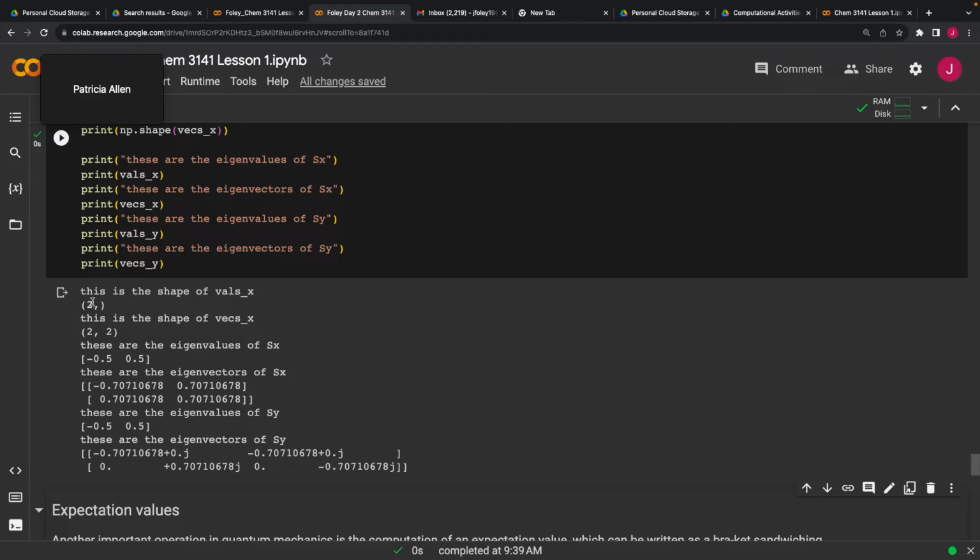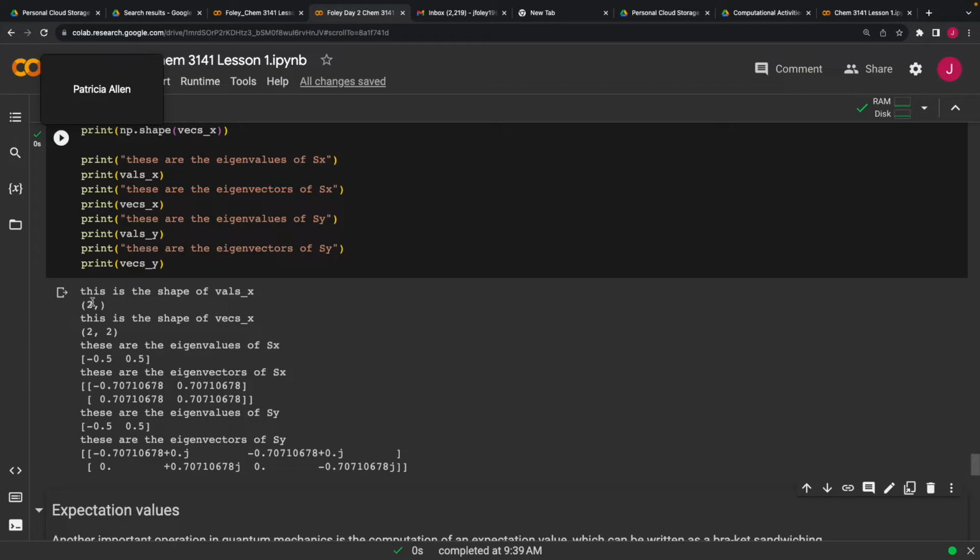This is equal to this number times this vector, right? So I get essentially a new column vector. I multiply 1, 0 by this number minus square root of 1/2, and I get a new vector minus square root of 1/2, 0.